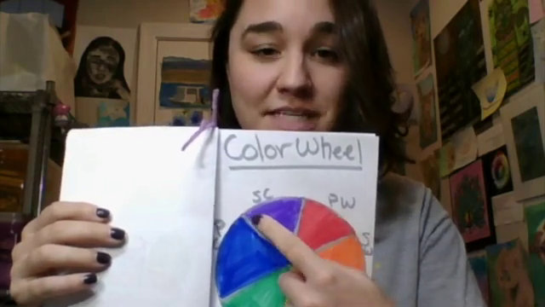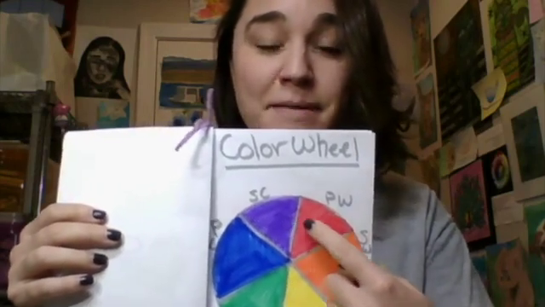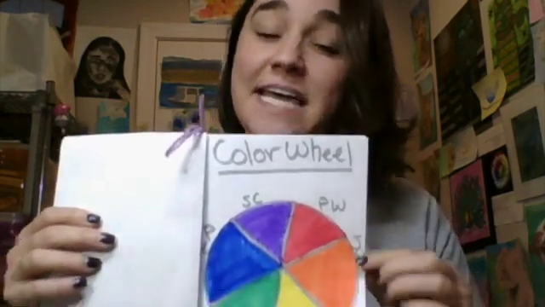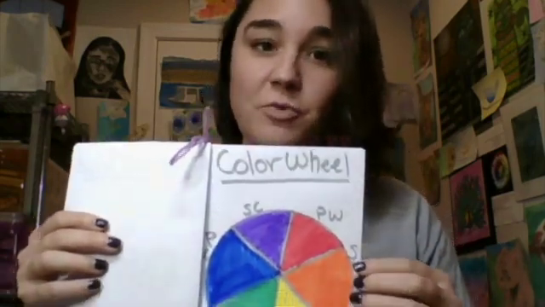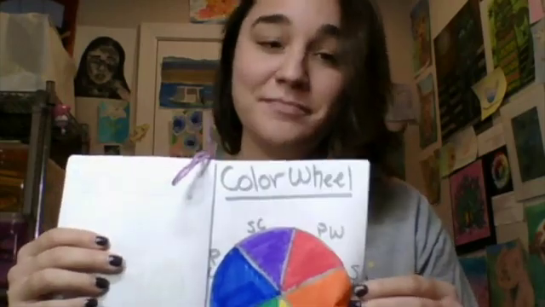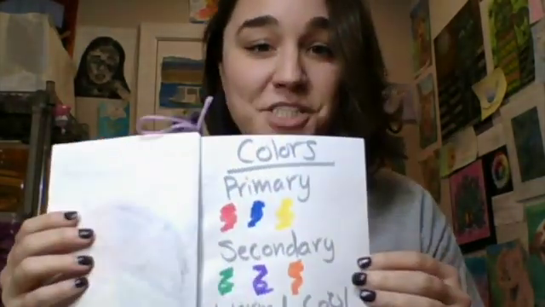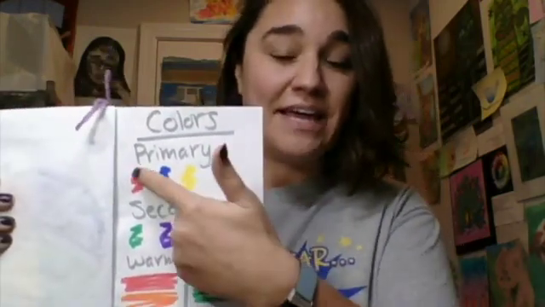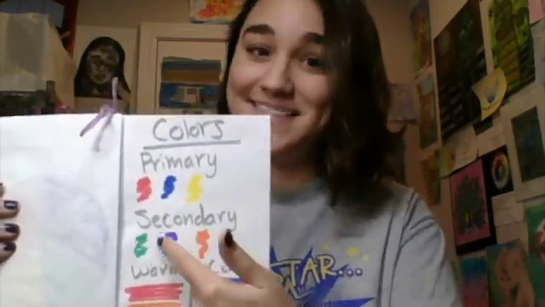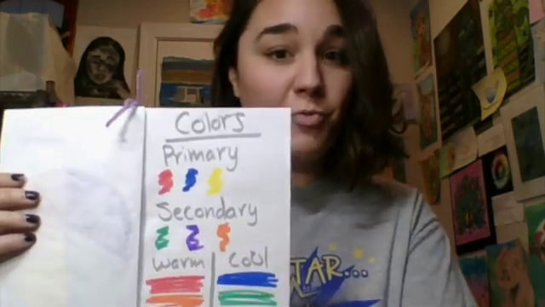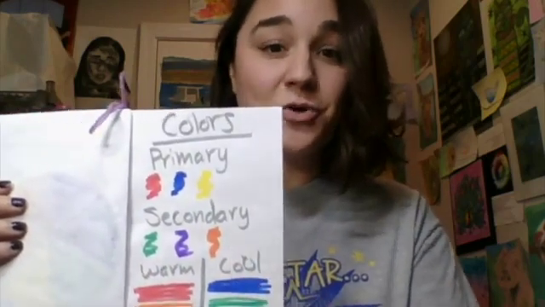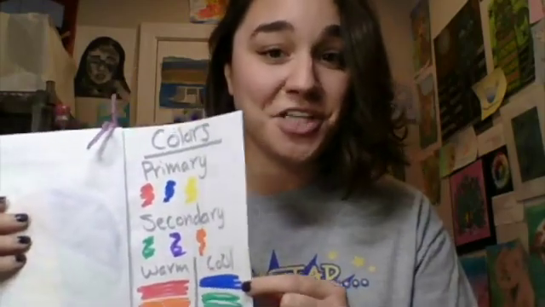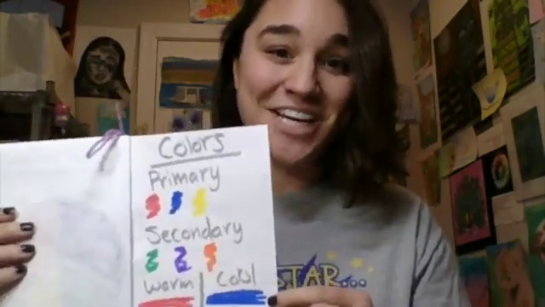Then you also need to either write an S, C, P, or W next to the color to determine if it is a primary, secondary, warm, or cool color. The other page is going to be your color groups. You need to have a primary group, a secondary group, warm color group, and a cool color group. You guys can turn this in as a picture or as a short video.